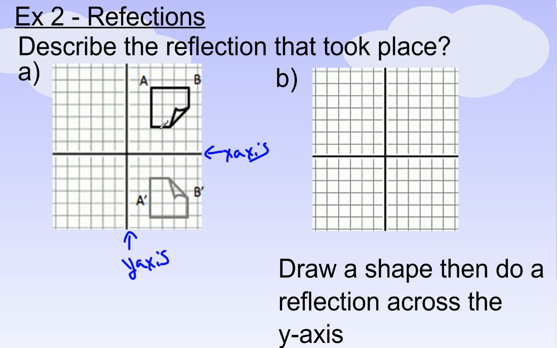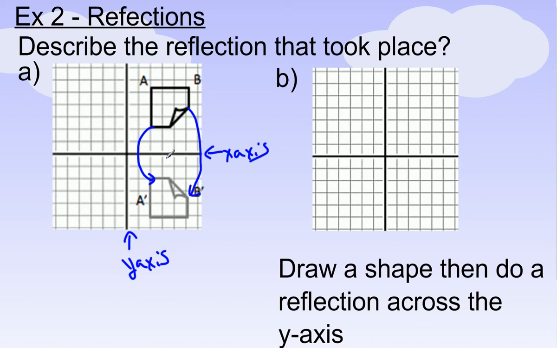In this case, this is a mirror image across the x-axis because it goes from here to there, here to there. And it's like a mirror image. They're the same distance away. It's 2 blocks away, 2 blocks away. And that's kind of what a reflection is.